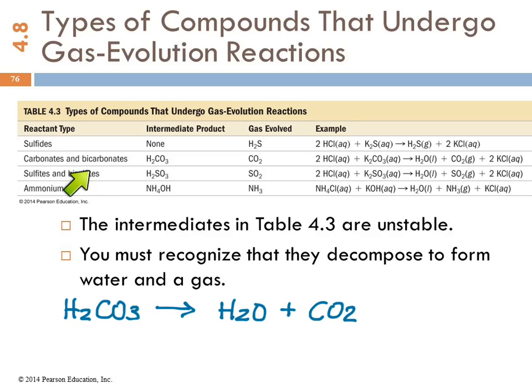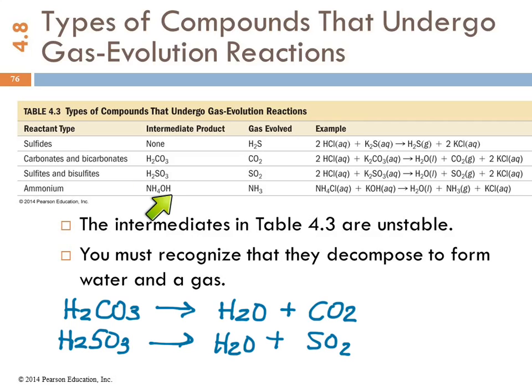Sulfites and bisulfites, or hydrogen sulfites, you get a product H2SO3. H2SO3 is also unstable. It will lose a water molecule, and then we just look at what's left. We get rid of the H's and 1 of the O's. We get SO2, another smelly gas.